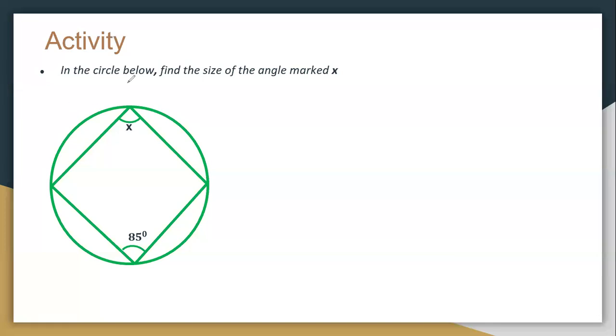So, since the angle opposite 85, the angle x plus 85 is equal to 180. So x plus 85 minus 85 is equal to 180 minus 85, which gives us 95. Okay, thank you. So that's how we do that.